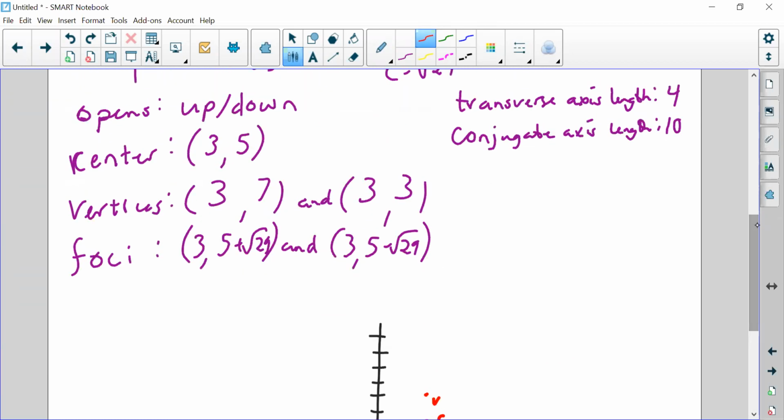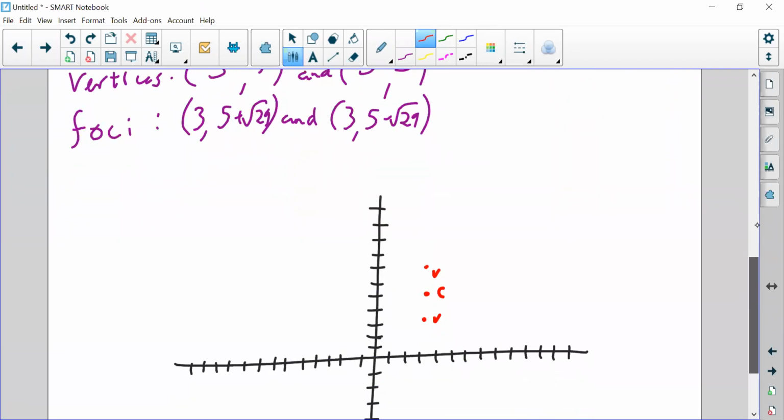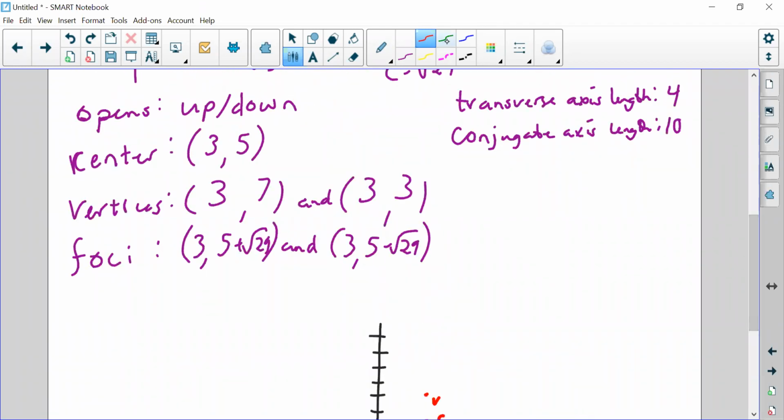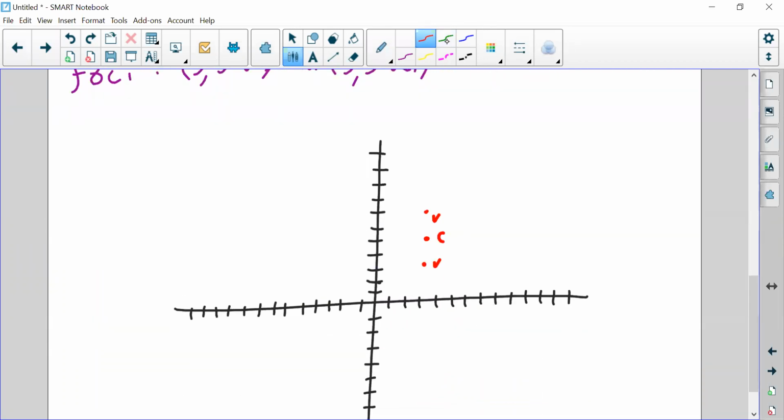Foci, we actually forgot that decimal value there. They're out 5 plus root of 29. Very good. So that is 10.4. 1, 2, 3, 4, 5, 6, 7, 8, 9, 10.4.